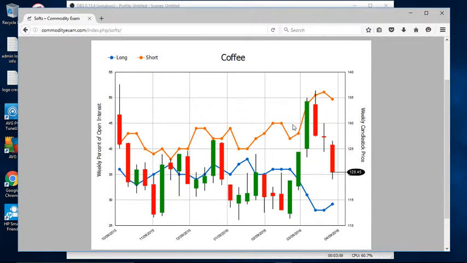From here to here, you're looking at close to a 20% rise in open interest in about 2 or 3 weeks. Anyway, you can see what happens to price activity the next week. Boom, drops off the planet.